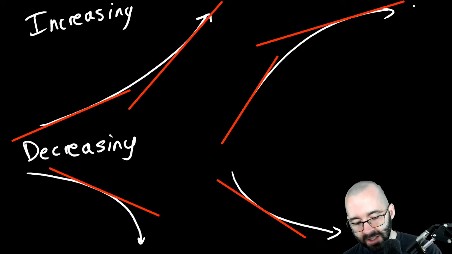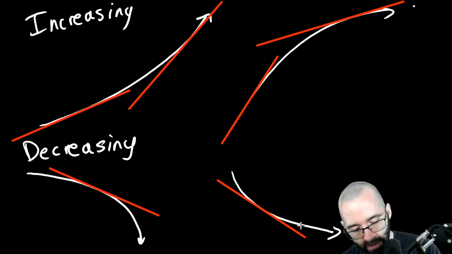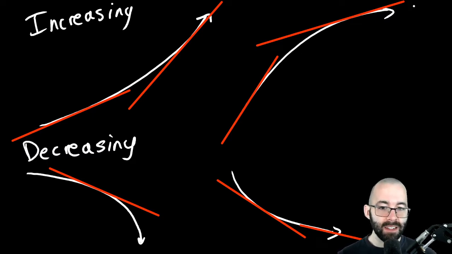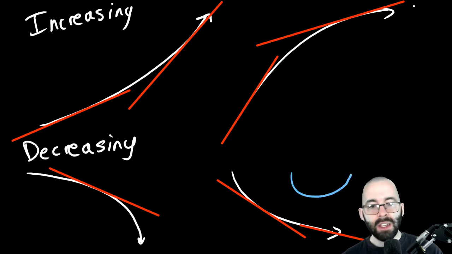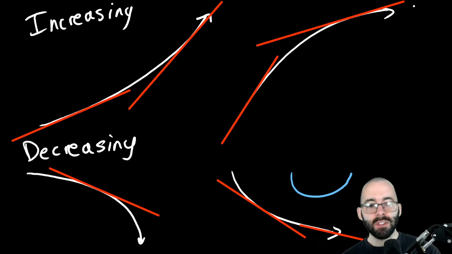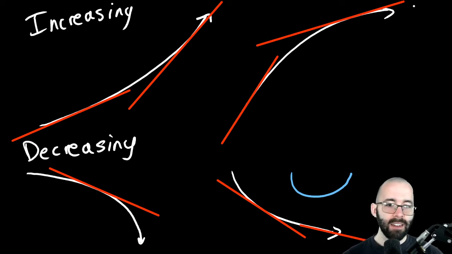And even if it's decreasing, that can happen as well. Let's look at that bottom right one. Here's another tangent line. The second one is less negative. It's closer to zero. Less negative is more positive. This second one is the same situation. This one down here is also concave up. The slope of the tangent line is increasing. The derivative is increasing.